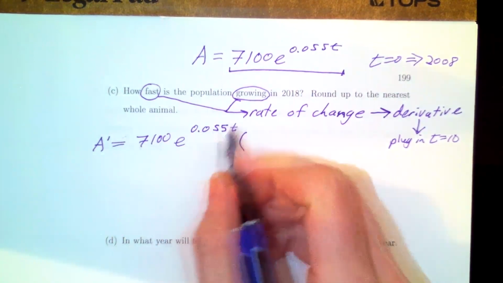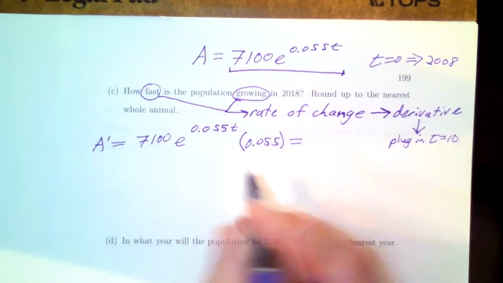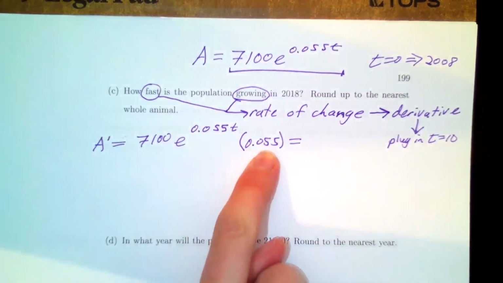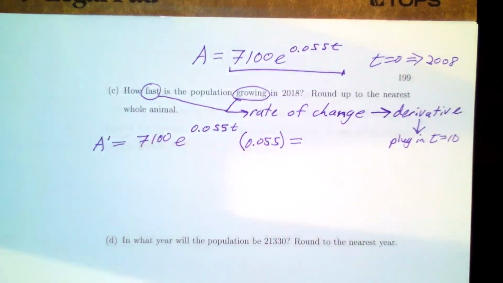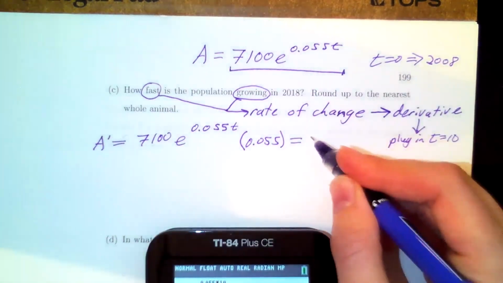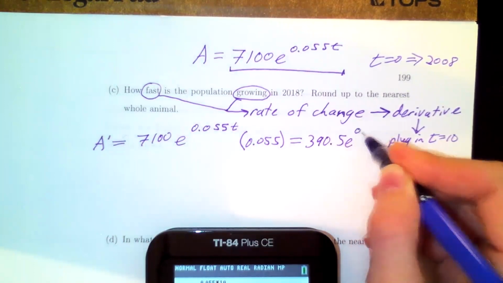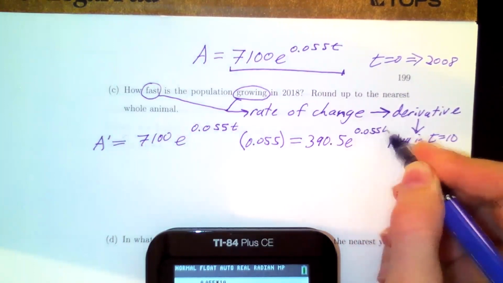The derivative of 0.055t is 0.055. So I'm going to take 0.055 and multiply it by 7,100 and see what that equals. And I get 390.5. So my derivative function is 390.5 e to the 0.055t.